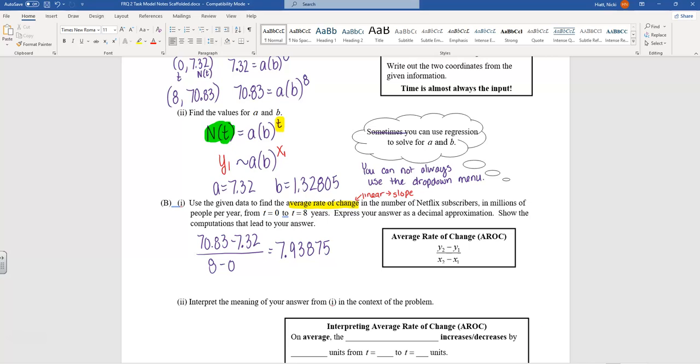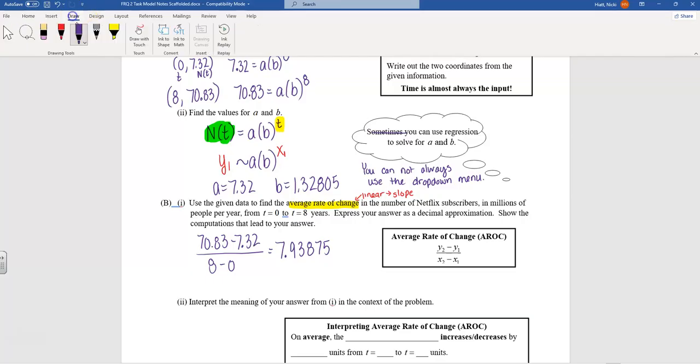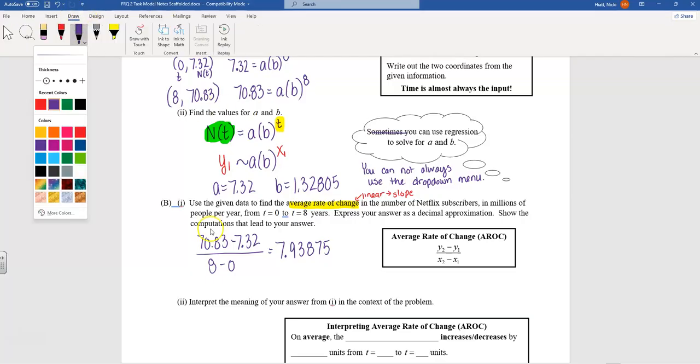Okay? Now, you don't have to put units here, but I think units are helpful to help you on the next part. So you can include them here or not. So 70.83 and 7.32, what are those?